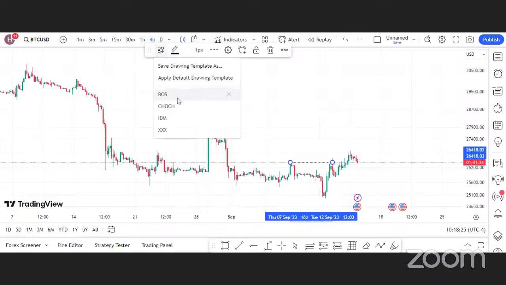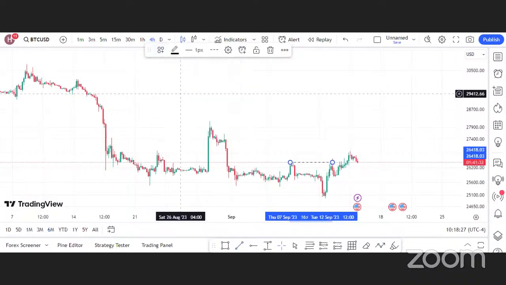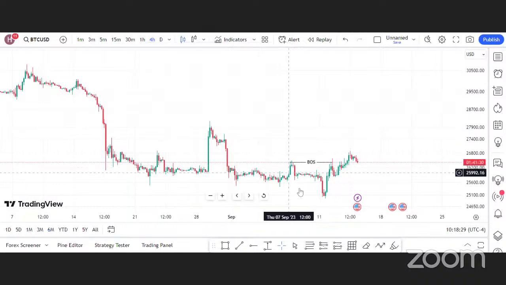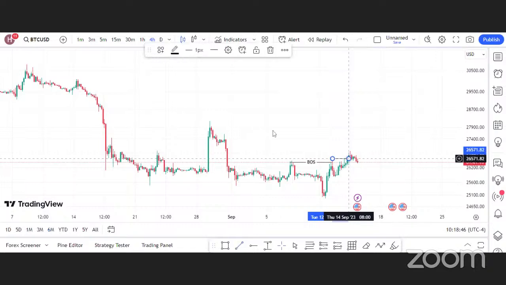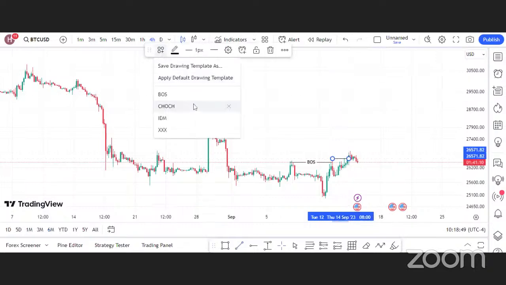So on BTC USD, I have this break to the top side. I have a break of structure here, and another one there.